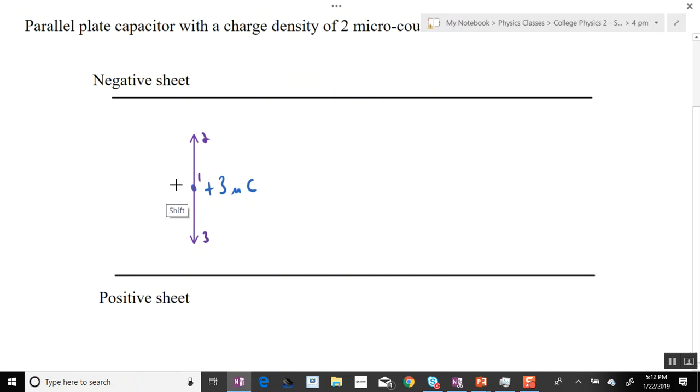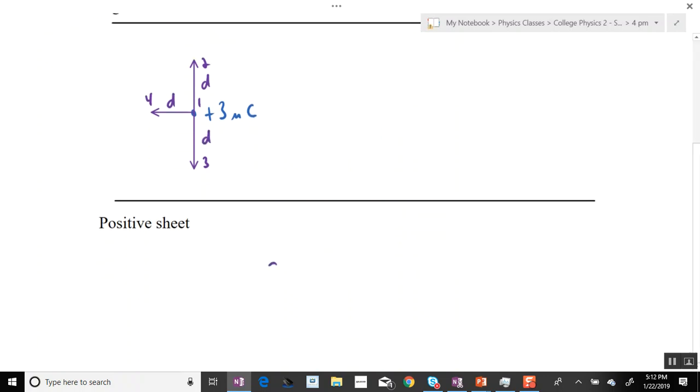So point 4 is to the left of point 1. And they're all the same distance, right? It goes up some distance, it goes down some distance, it goes to the right some distance, the left, some distance, and the distances are all the same. It's just 0.1 meters up, down, left. And then it's the same thing.